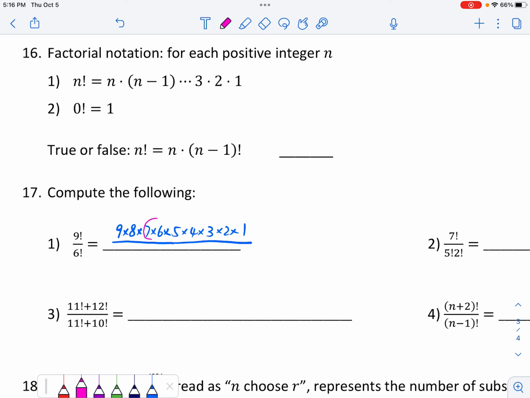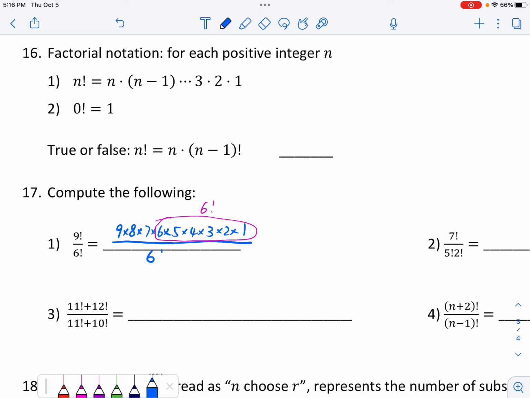Do you see that this is 7 factorial? 7 times 6 times 5 times 4 times 3 times 2 times 1, this is 7 factorial. Or you can look at it like this is actually 6 factorial, and then divided by 6 factorial.